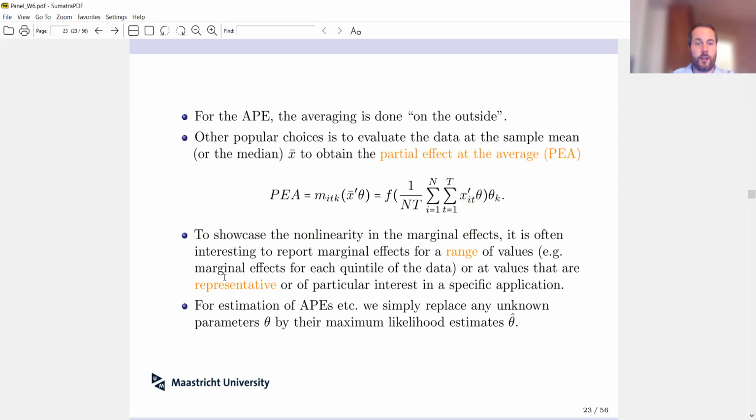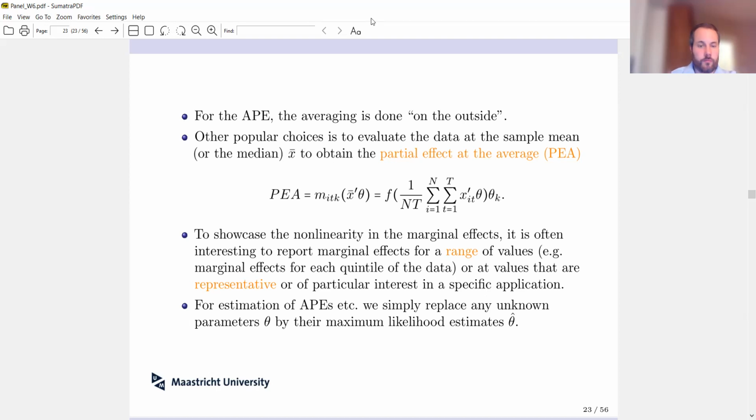For instance, you can look at the marginal effects in each quantile of the data, like 20%, 40%, 50%, whatever. You can compute all these marginal effects, and this can be very useful. You can, for instance, see that the marginal effect of education for low-income people is much larger than for high-income people. All these things can be interesting.